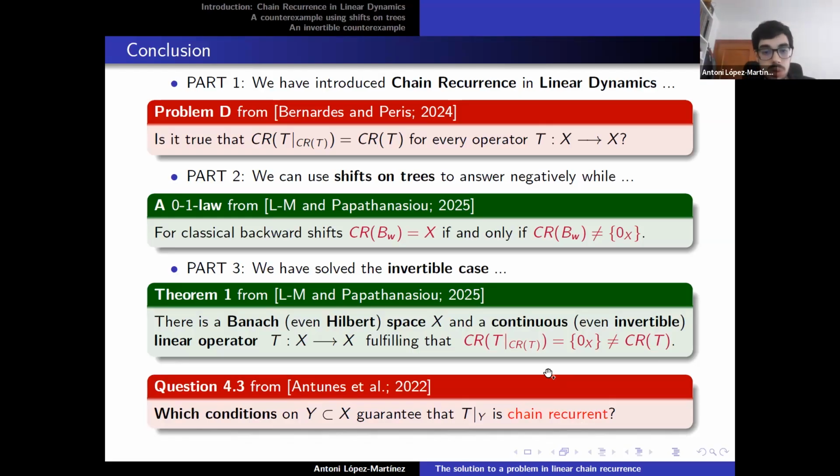And the only thing that I want to say is that our work shows that you cannot answer this question even for the moment, even if you assume that the subspace Y is the set of chain recurrent vectors of the original operator, which was probably one of the best chances to get a solution to this problem. So this question is still open, and in fact, our theorem proves that it's going to be complicated. So there is a gap, and much theory can probably be done in this direction.